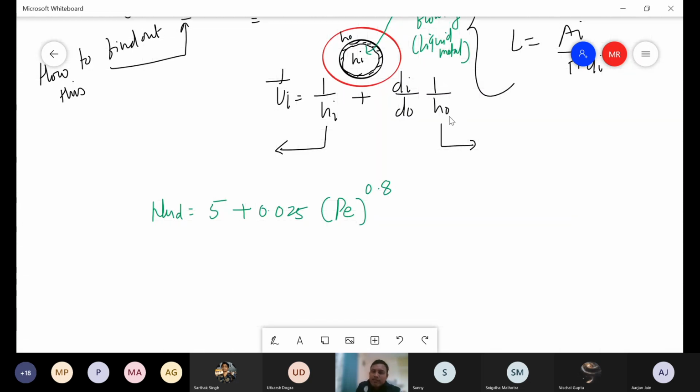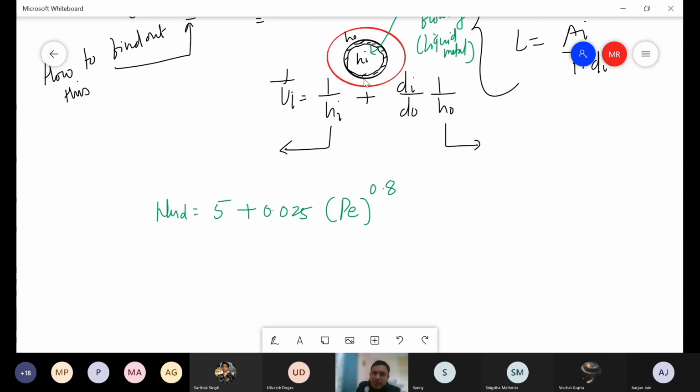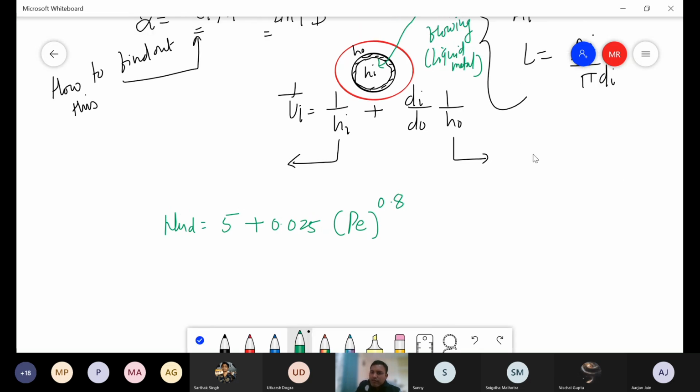Also H naught is nothing but water flowing through an annular region. For this annular region, we find the equivalent diameter.